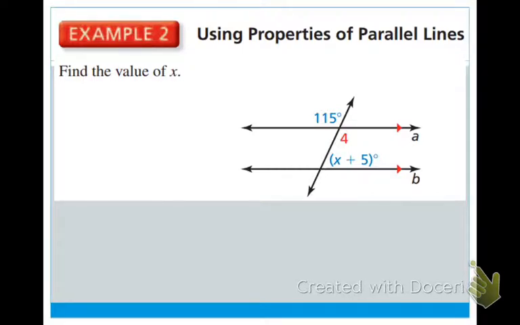Okay? So if they're congruent, you're going to set them equal. Set the angles equal. Because congruent means they're the same measure. So that means they're equal measures. If they're supplementary, they will add up to 180 degrees. Those are 3 steps I go through.